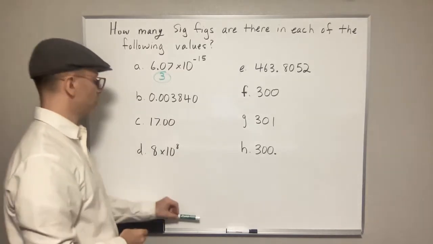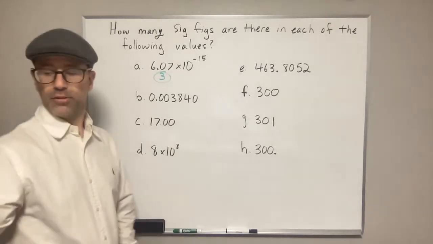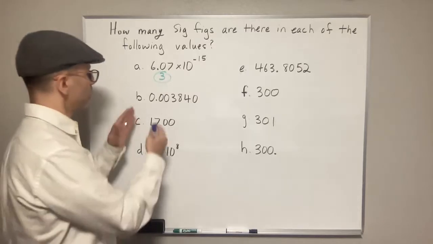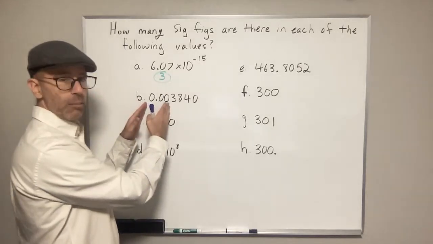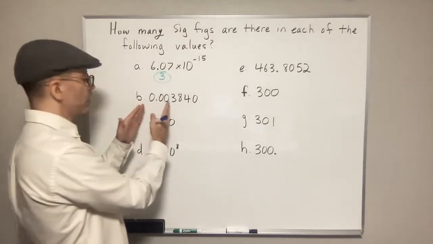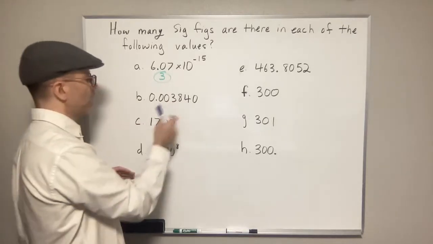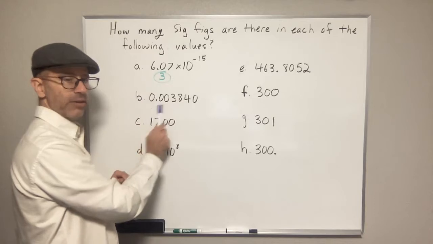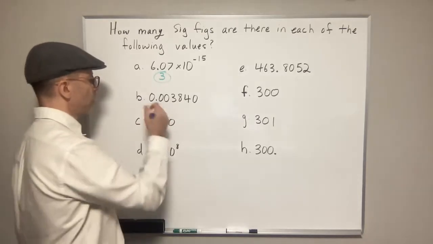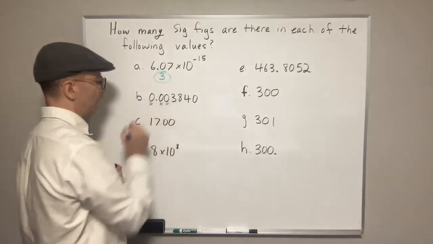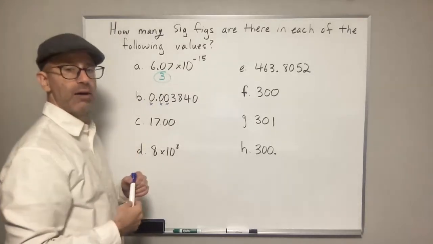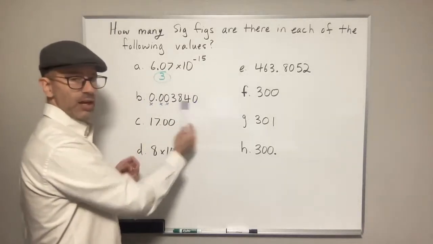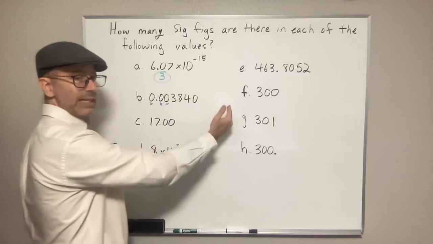All right, what about this number here? What did I say? I said zeros at the beginning of your number, these are your leading zeros, zeros that are far to the left. These are never significant, right? So we're going to ignore these. So these zeros, not significant. Well, what about the 0 at the end of the number? These are your trailing zeros.